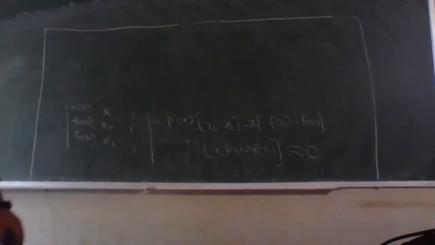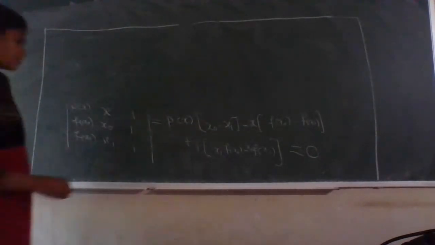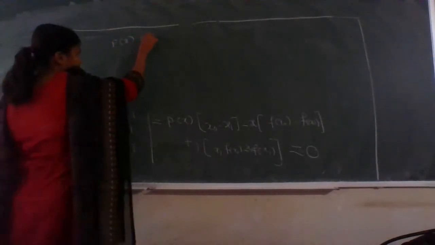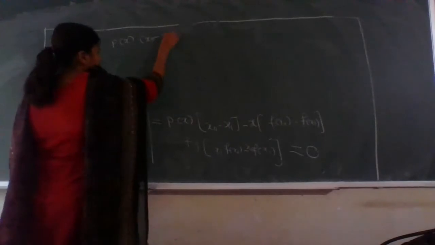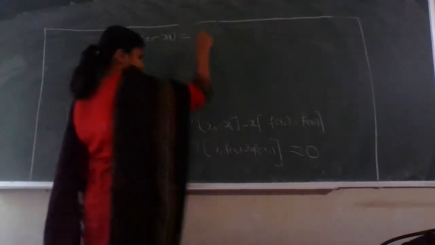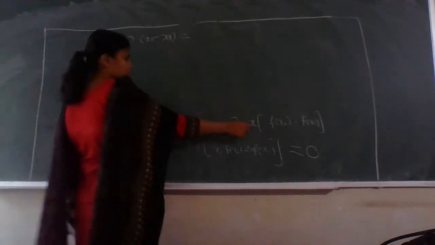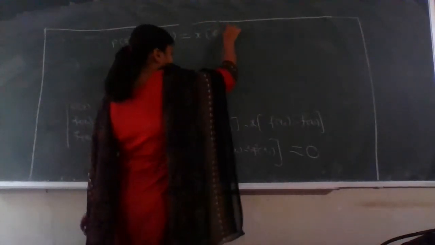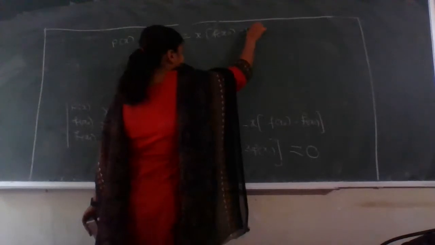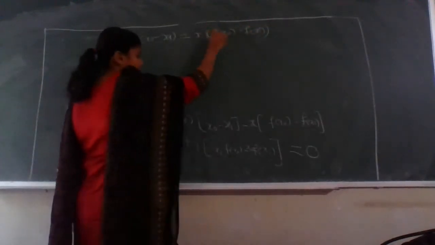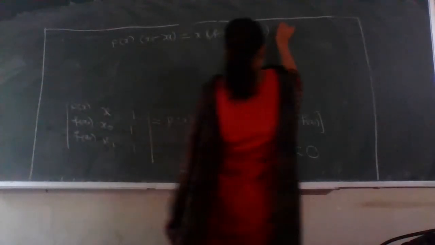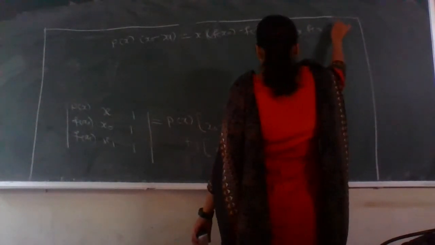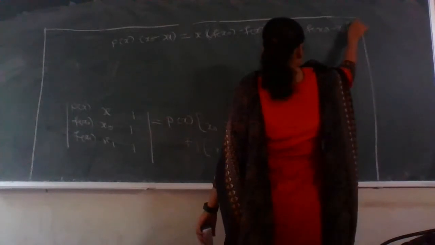Okay, so let us write down this p of x into x naught minus x1 is equal to, what is the value of this? I will write down, this minus will be plus x into f of x naught minus f of x1. This plus will be minus now into x1 f of x naught minus x naught f of x1.